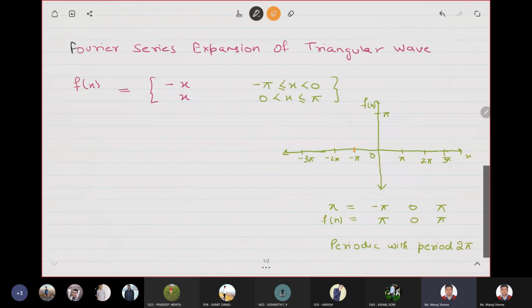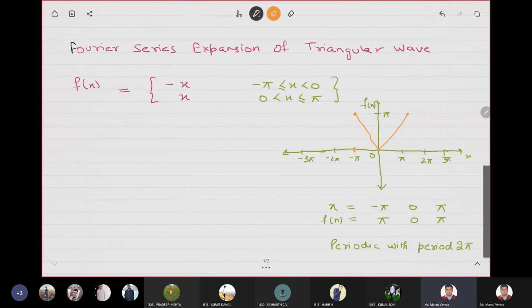So for minus pi, it will be plus pi, and for 0, it will be 0. If I plot this function in the range minus pi to 0, it will look like this. And from 0 to pi, it is a linear function x, so it will look like this.